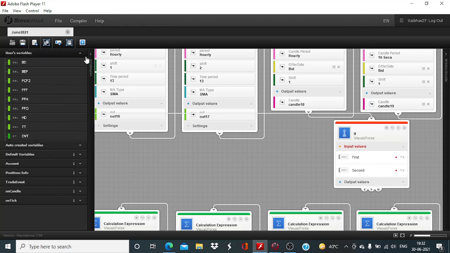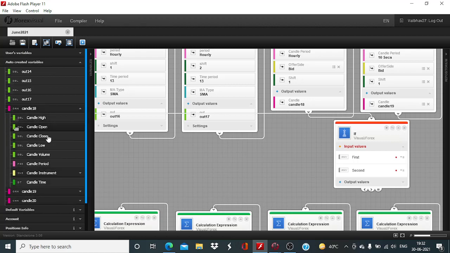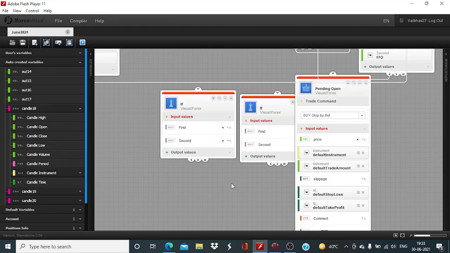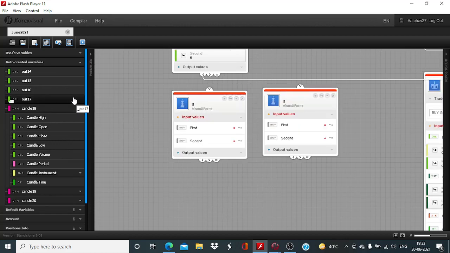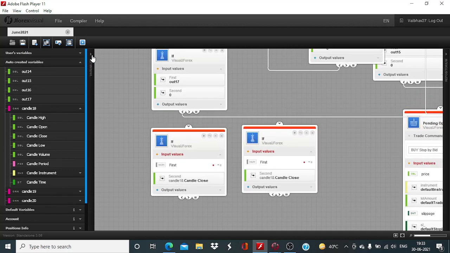So we will have to consider auto created variable candle 18 candle close and candle 18 candle open needs to be compared, and we are going to need candle 18's candle close for final point of entry also, and to define that condition I will take the candle 18 candle close as the second input in both these blocks.